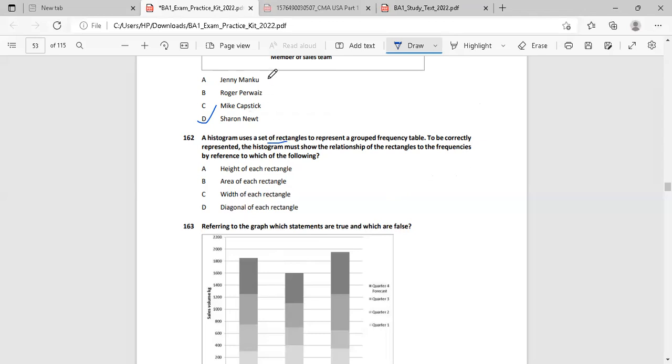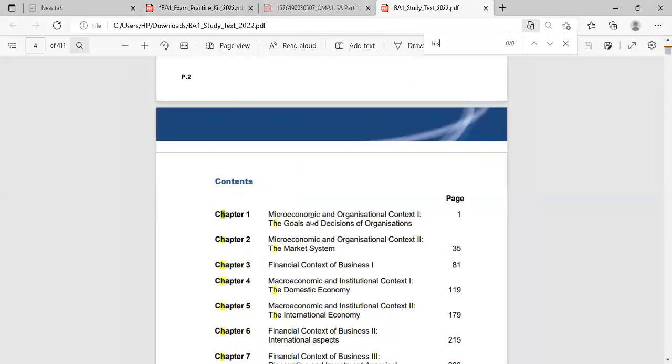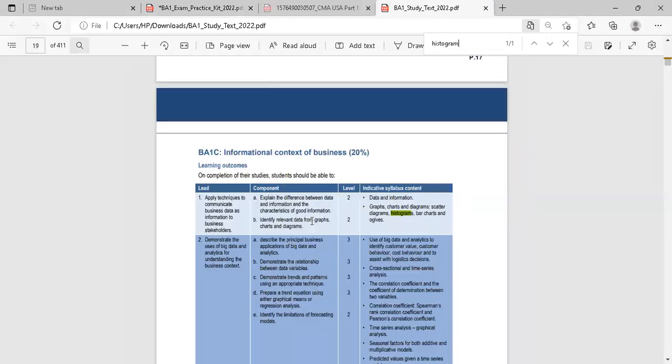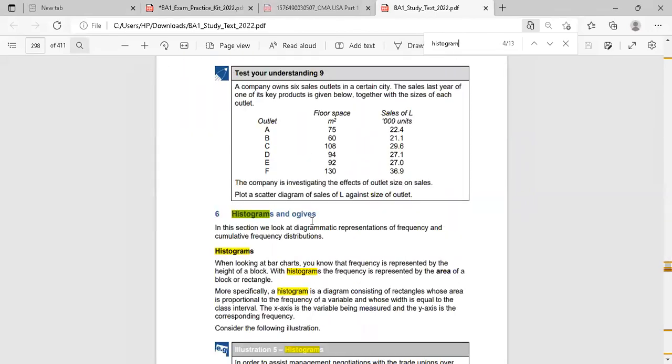Maybe we need to look into the study text content. Histogram. Let's just check this one. In a bar form, so mostly it's height only. No, it seems it's area.